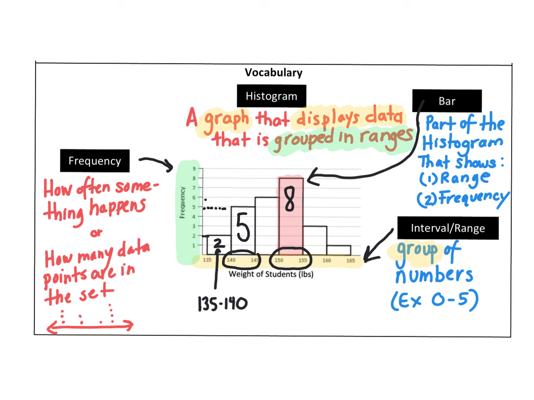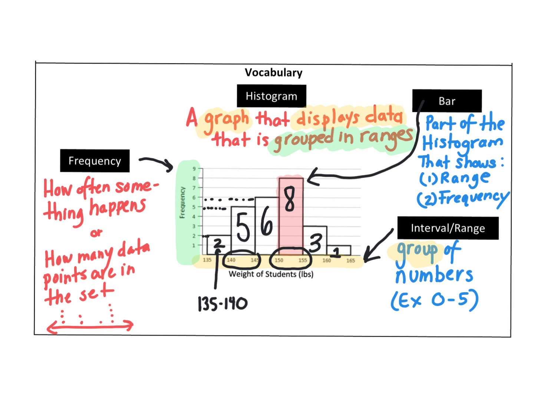The kids that weigh 145 to 150 are 6 students. Over here, the one that weighs 155 to 160, it's only 3 students. Right? And then the last one, the students that weigh 160 to 165, looks like only 1 student. All right? So this is just another way. We used to count the dots for our dot plots. Now we're just going to look at frequency to see how many we have.